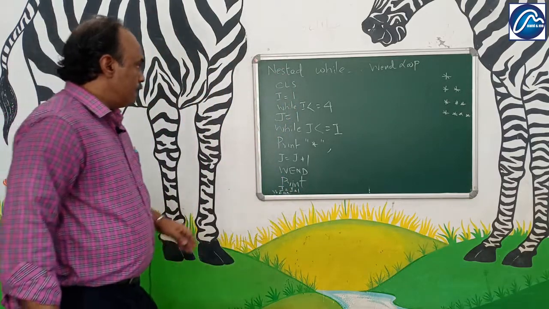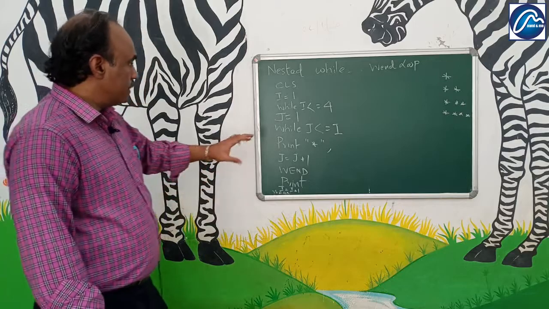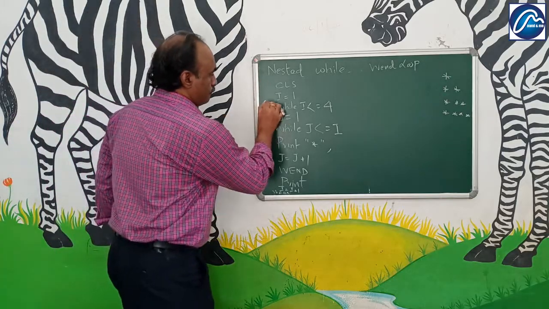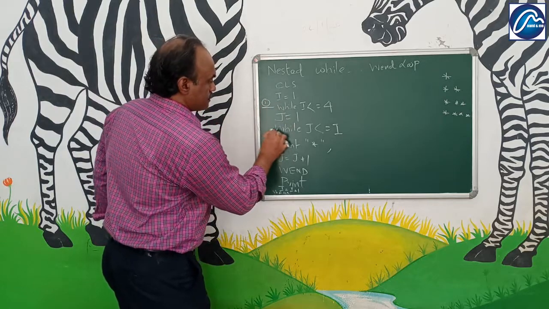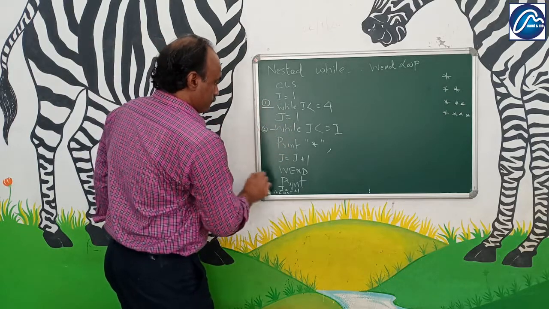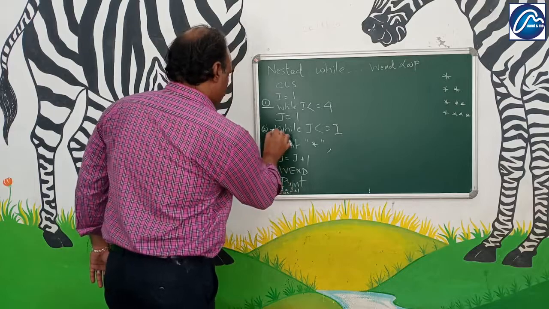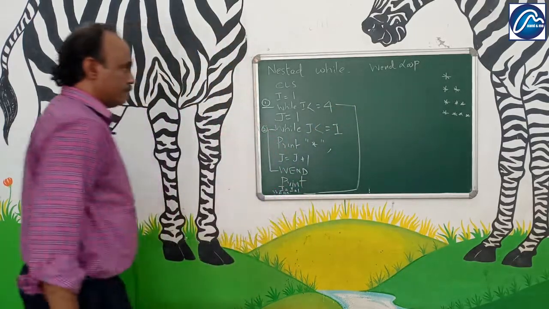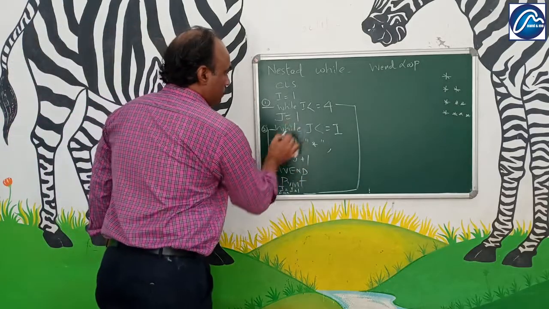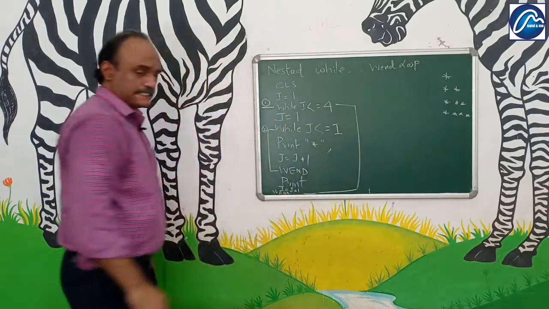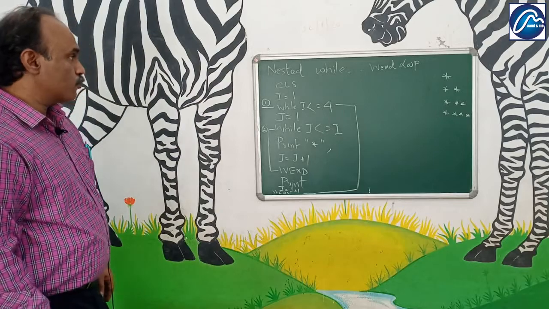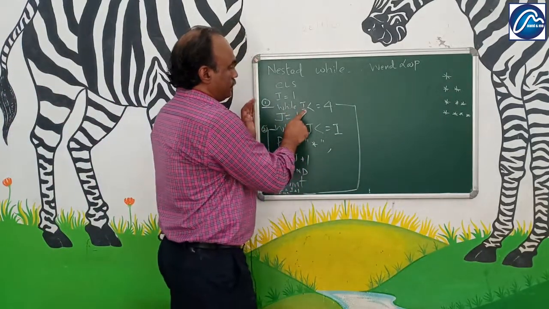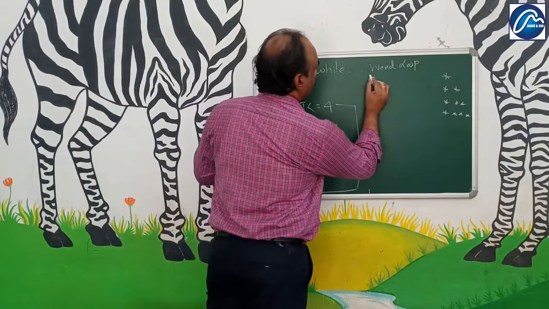See, where is the loop within a loop? This is our first loop, and this is our second loop. So this becomes a loop within a loop, nested. How does this program work? I has the value 1, 1 is less than or equal to 4.